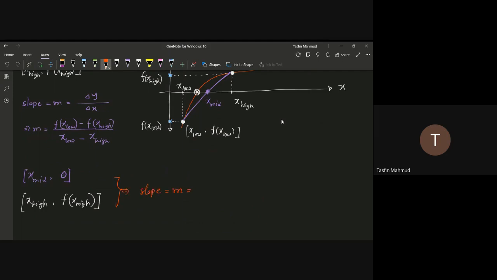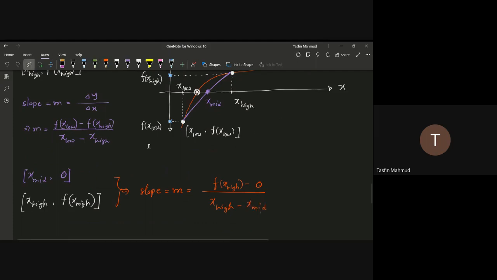Slope m would be delta y by delta x. So f of x high minus 0, y1 minus y2 divided by x1 minus x2, so x high minus x mid.